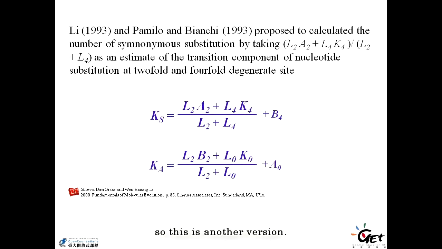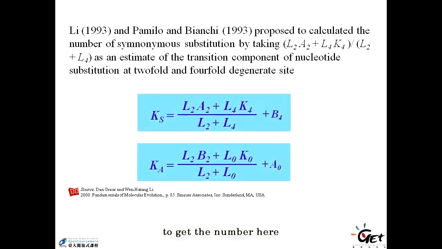Okay, so this is another version. Most of your computer programs now use the Li 93 method. This was proposed by 2 different papers, published almost independently. They looked at the formula previously proposed and modified it further to get the numbers here. So now you don't see the 3/4 or 1/4, but something like 1/3 or 2/3 here.